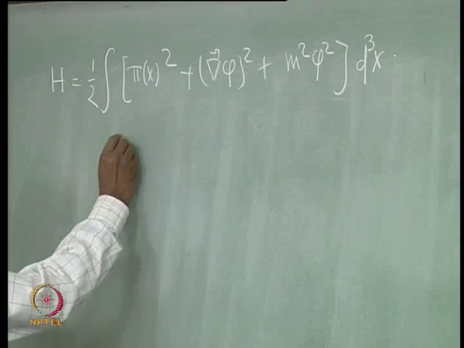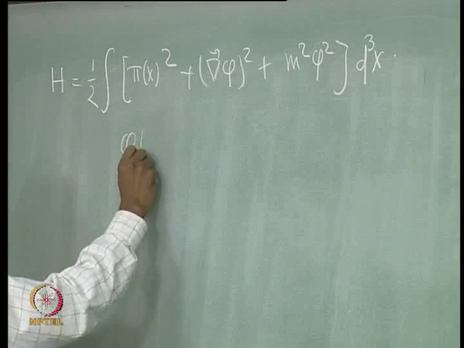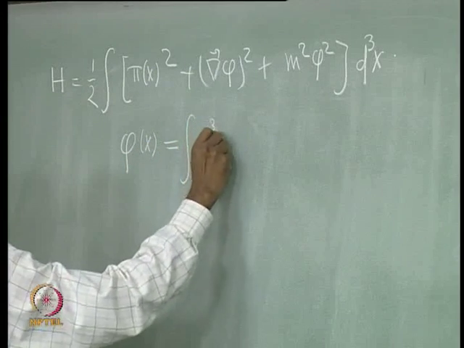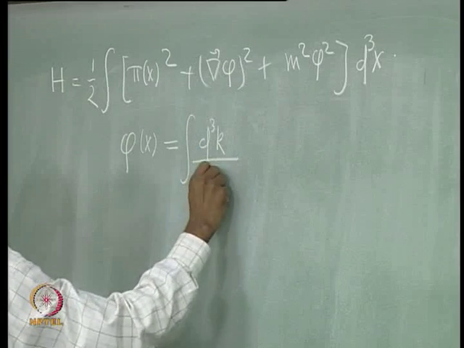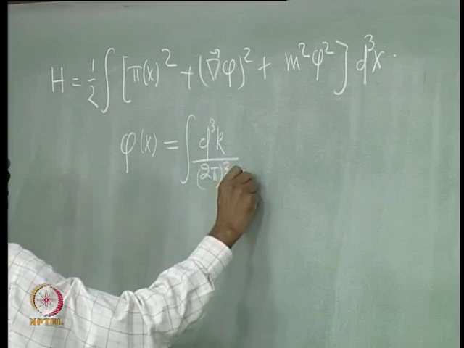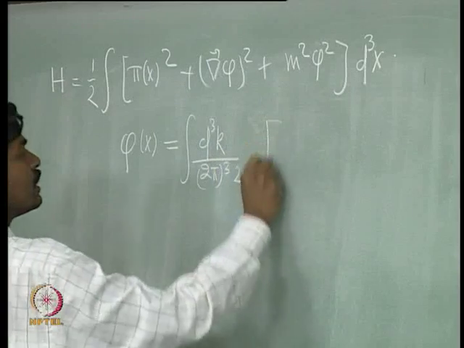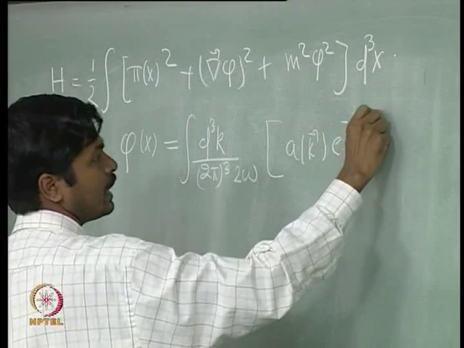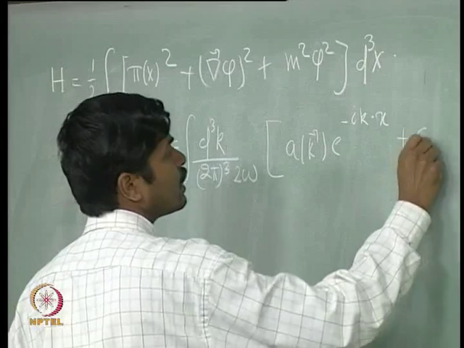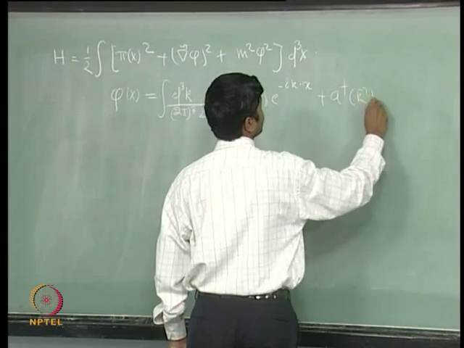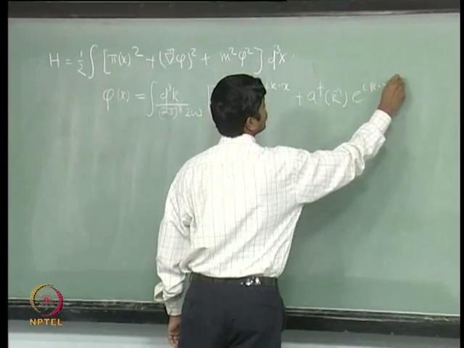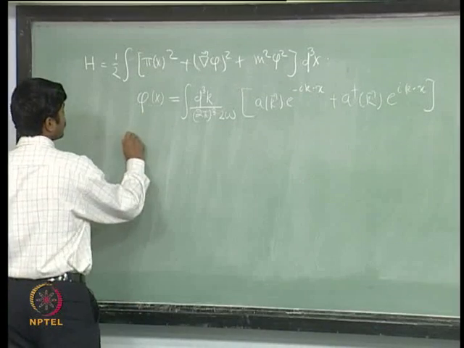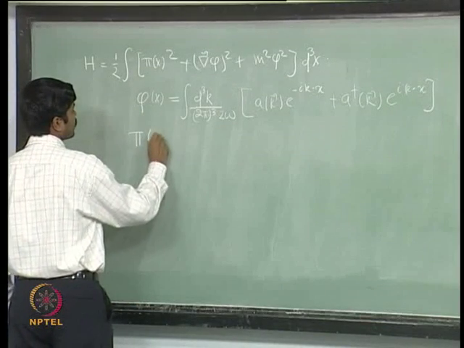We have already stated that phi of x is integration d cube k divided by (2 pi) cube 2 omega times a_k e to the power minus i k dot x plus a dagger k e to the power i k dot x. This is the only relation you have to keep in mind.